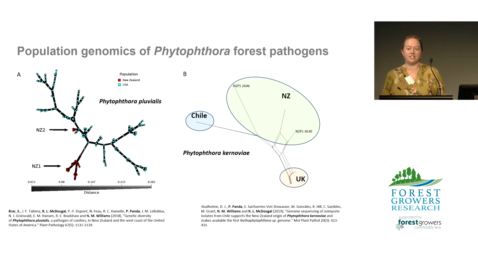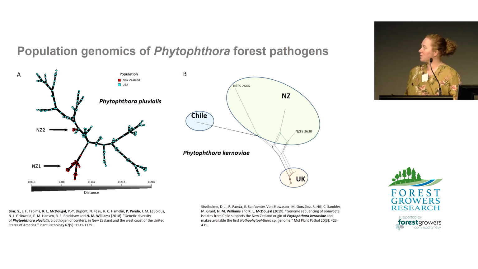So Lindsay's already described how we know that Phytophthora pluvialis originated from Oregon. So when we sequence the genomes of Phytophthora pluvialis, we sequence one from Oregon and we sequence one from New Zealand, and that allowed us to compare the genetic sequences of those pathogens and find differences. So we found around 27 differences that could then be used to characterise populations of these pathogens in New Zealand and in Oregon.